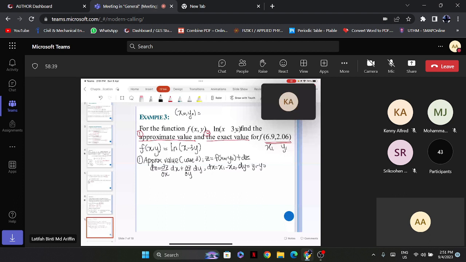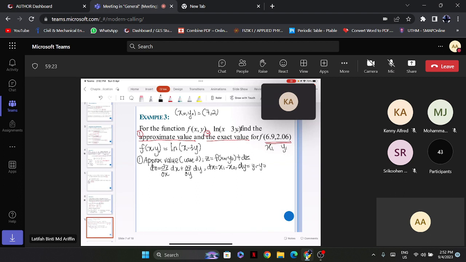Remember I mentioned earlier that delta x, that is dx, and dy must be very small differences, meaning very small changes. So what point could be our x0, y0? 7 and 2. Agree? That is the nearest, right? Yes. The nearest point to 6.9 is 7 and the nearest point to 2.06 is 2.